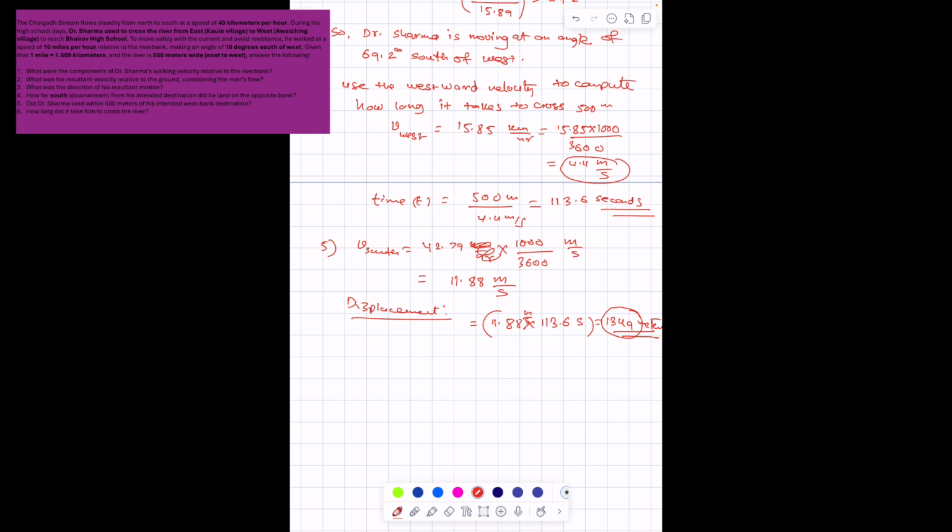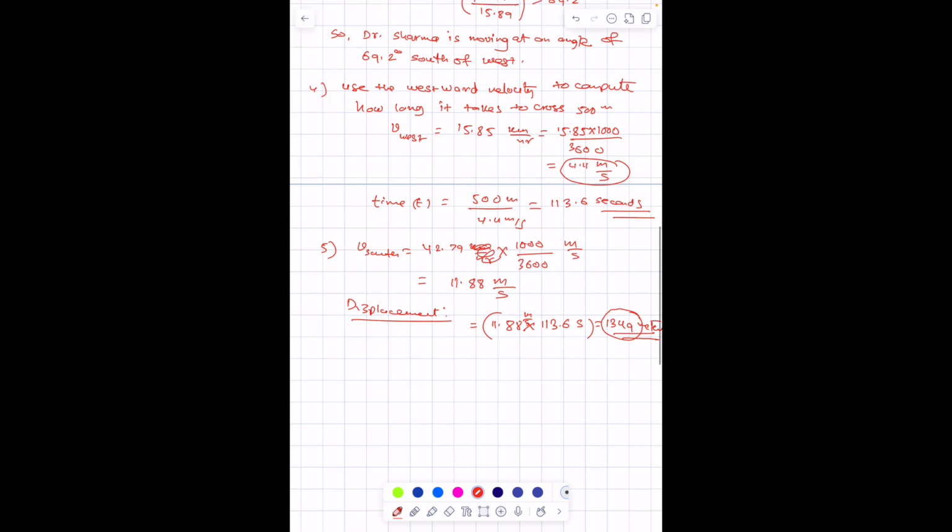To land within 500 meters, Dr. Sharma must walk at an angle even smaller than 5 degree, or less south of west, or walk faster westward. That's how you need to solve this kind of problem.